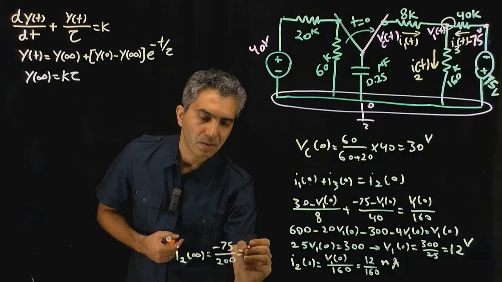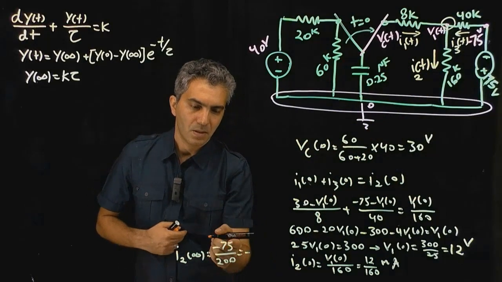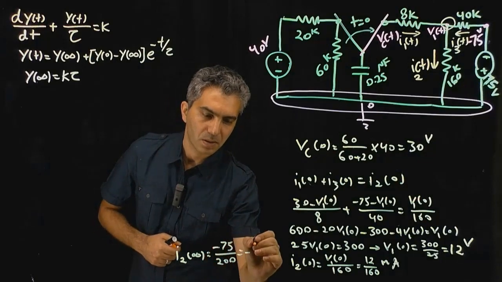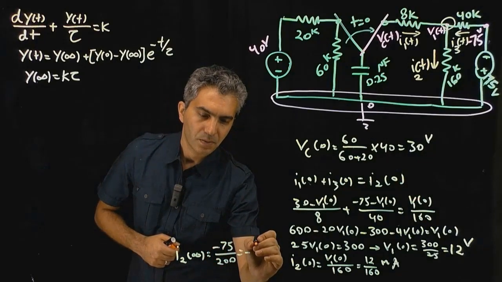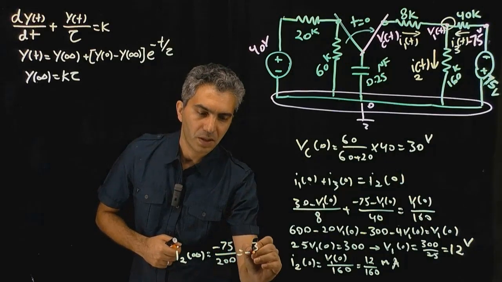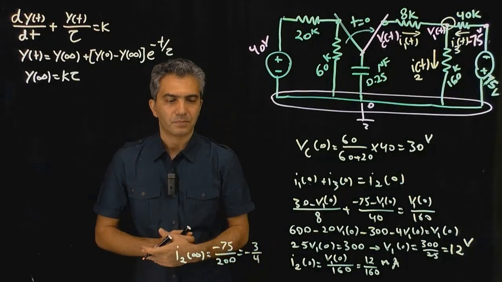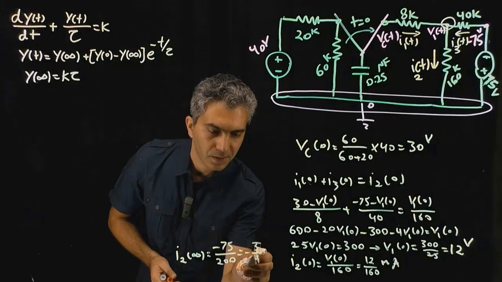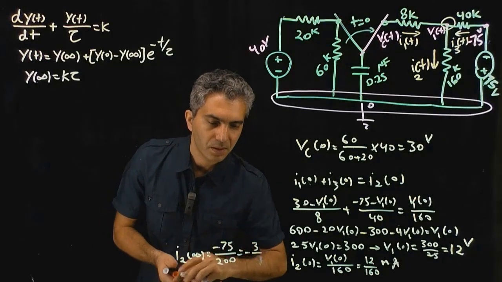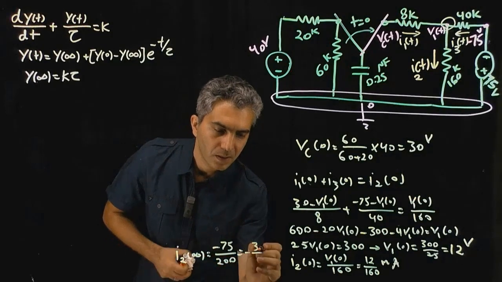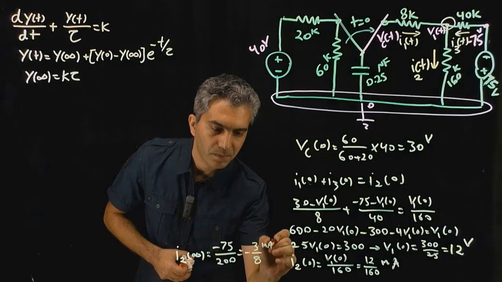So whatever that is, that would be minus 3 divided by 8 milliamp.